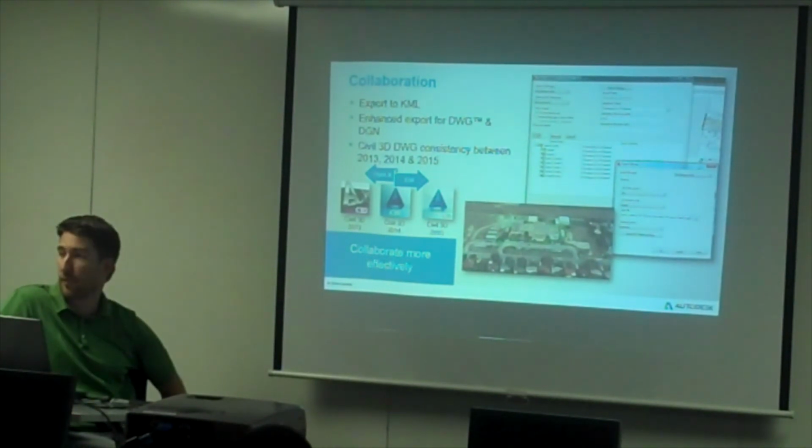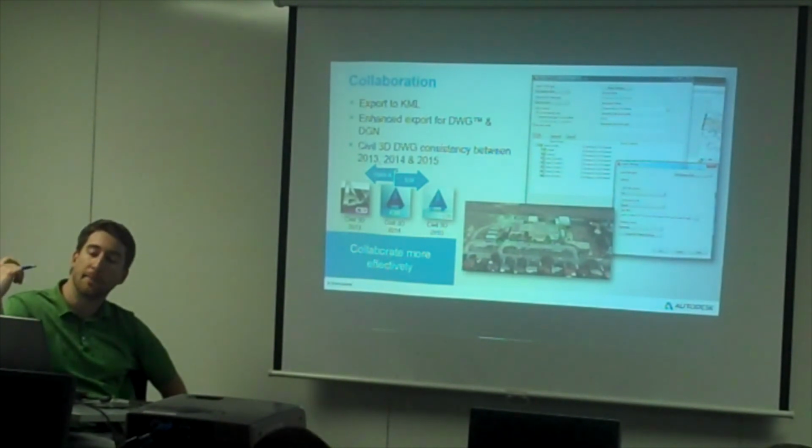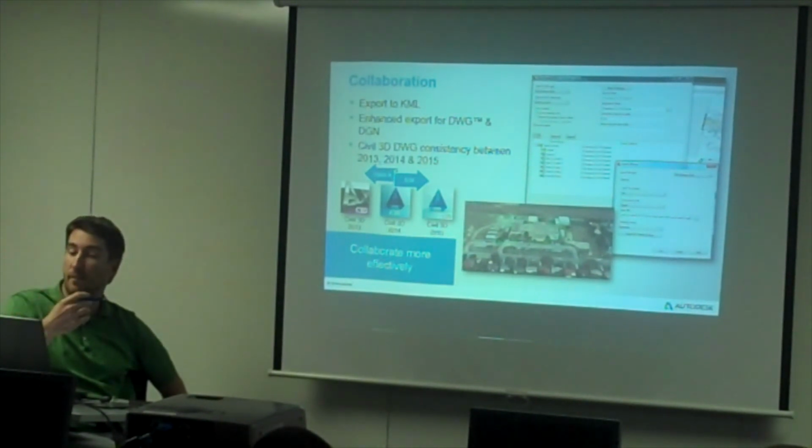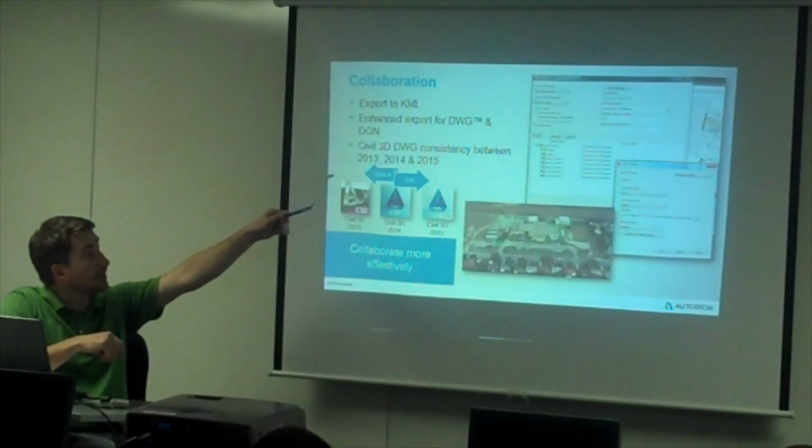And then we talked earlier about falling in and out of love with Google. When Lewis and I talk, we always talk in KML. And so now you can do KMLs out of Civil 3D again. And we mentioned MicroStation earlier for Caltrans or for NDOT. With DGNs, you have the ability to control more how you export sheets.